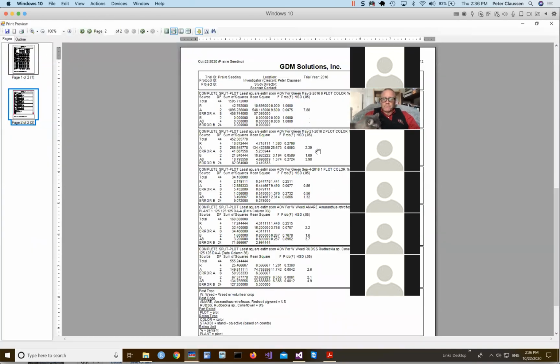Now, the next one, let's see if I can remember what was interesting about it. It's whether or not the color, this is the color green for about 2 weeks later. And we see from this decomposition that there are differences among the whole plot levels.